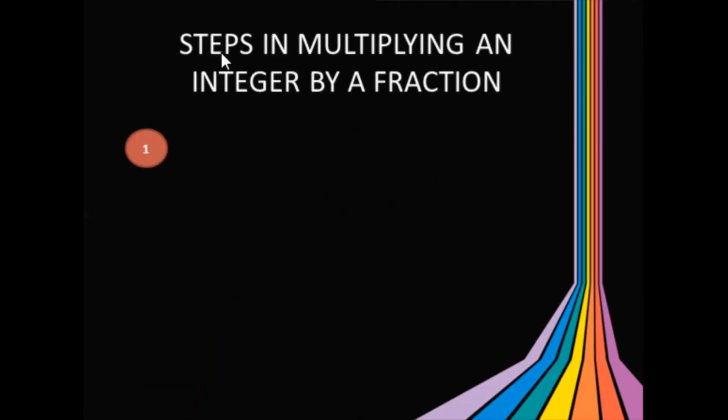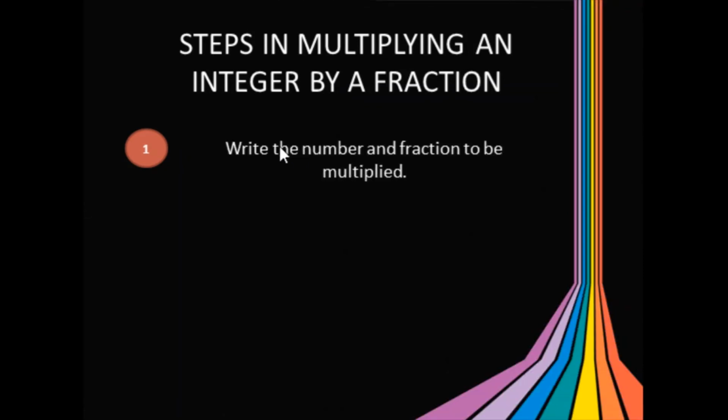What are the steps in multiplying an integer by a fraction? First, write the number and the fraction to be multiplied. You will have to see what are the numbers that you're going to multiply.